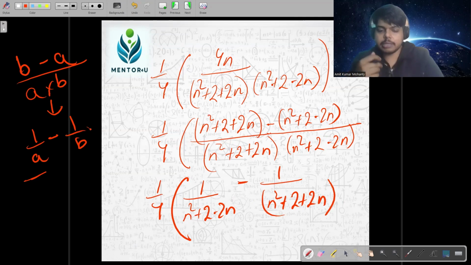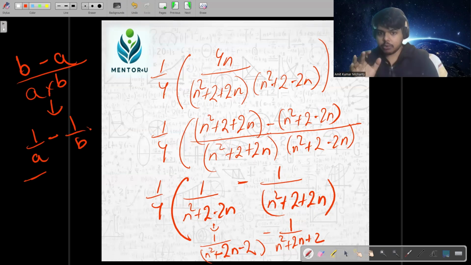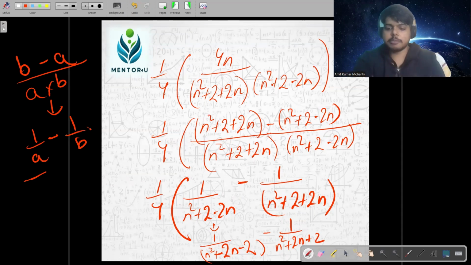Okay, now let's go to the next step. Before proceeding to the next step, can I write this particular situation as 1 by n square plus 2n, n square minus 2n minus 2, and this is written as 1 by n square plus 2n plus 2. So I have just reorganized the particular question. Clear? Let's go to the next page.